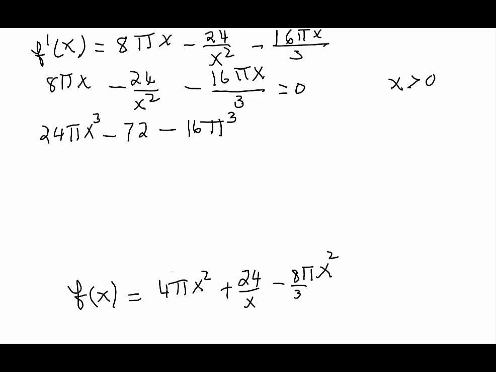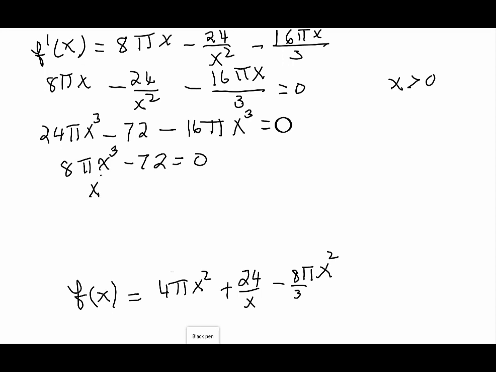Actually, I forgot writing my x, so 16 pi x cubed equals 0. Which gives us 8 pi x cubed. I am new with this Microsoft whiteboard, so learning on the job. So 8 pi x cubed minus 72 equals 0.